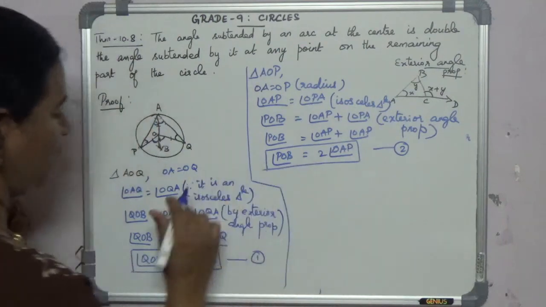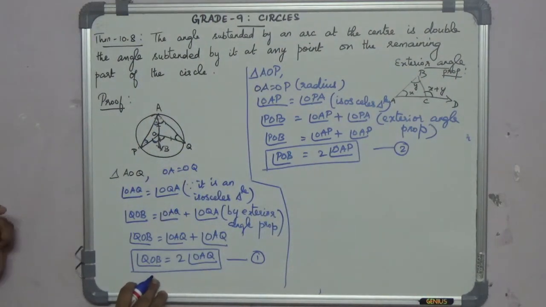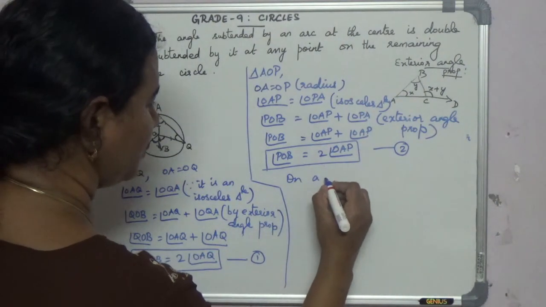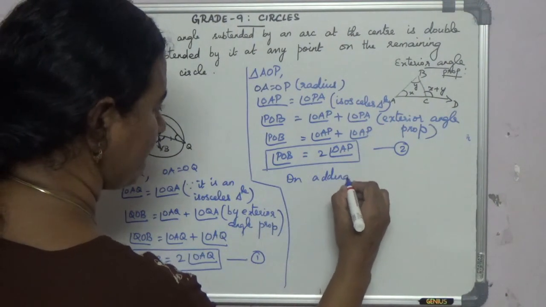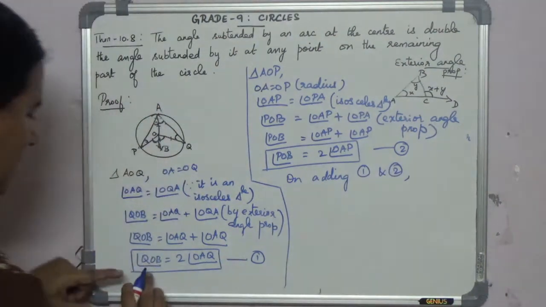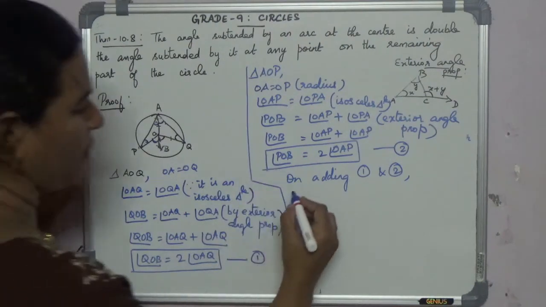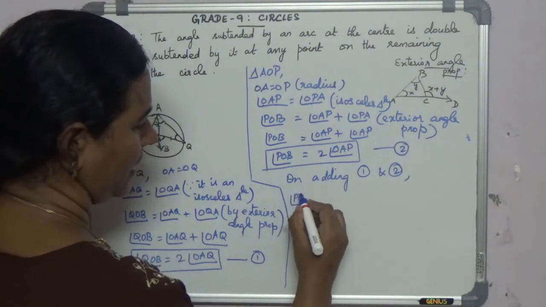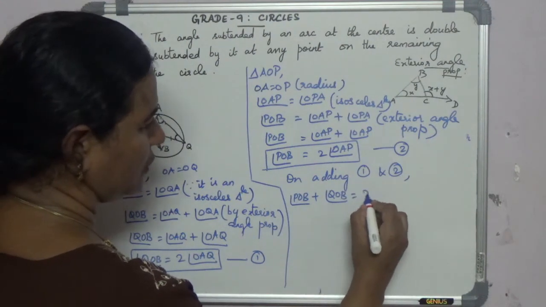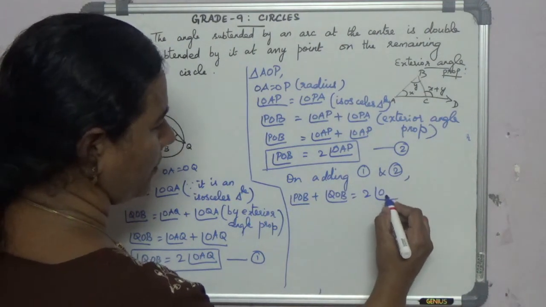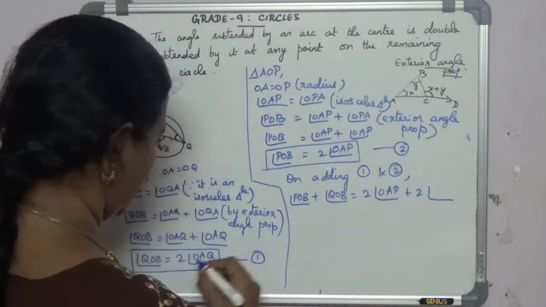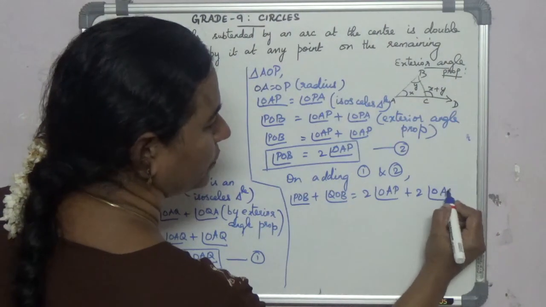Now, add equation 1 and equation 2. On adding 1 and 2, what do we get? Angle QOB plus angle POB, equal to 2 into angle OAP plus 2 into angle OAQ.